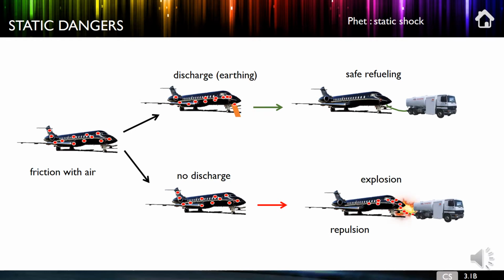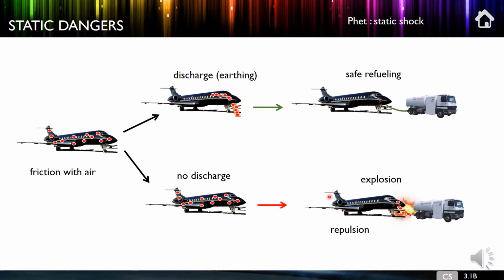There are also dangers. So here we have a plane. It can pick up a negative or a positive charge. Remember, in both those cases we are dealing with electrons moving, so picking up a positive charge means losing electrons. It does not mean picking up protons. Now, normally we would earth it, so this wire here is attached and all the excess electrons flow away, or if there is a lack of them, they flow back in and we can have safe refueling.